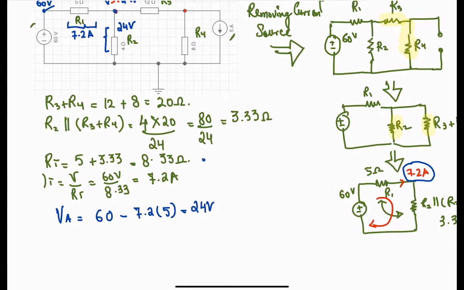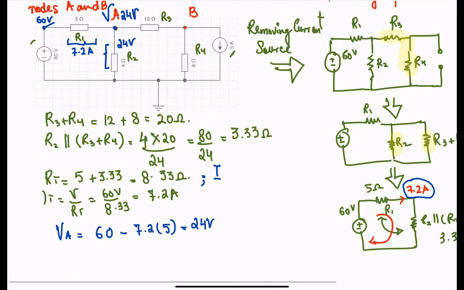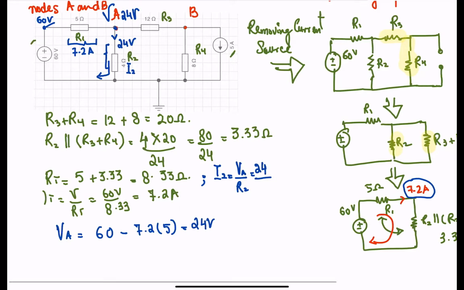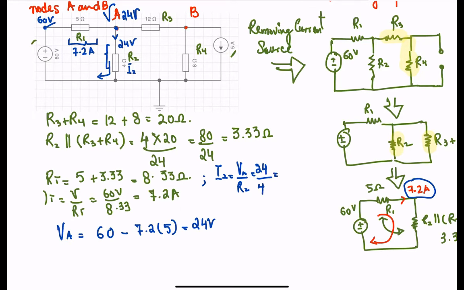I'm going to say this current is flowing in this direction, and I'm going to label it as I2. So I2 equals VA over R2. VA being 24, R2 being 4 ohms, I2 gets 6 amps. And remember, the direction of this current is going to be downward.